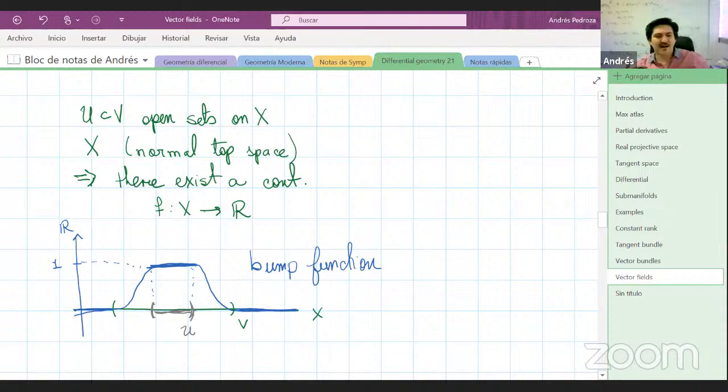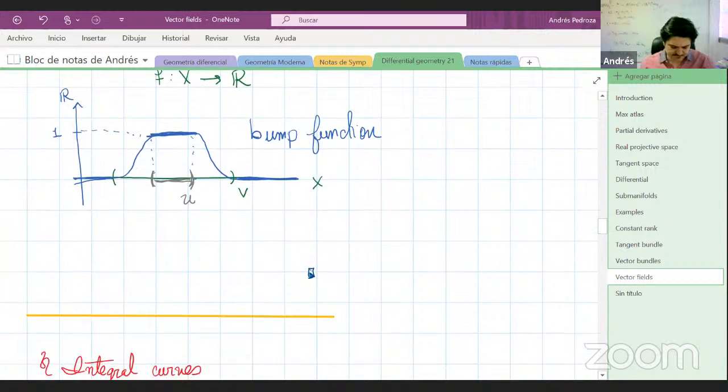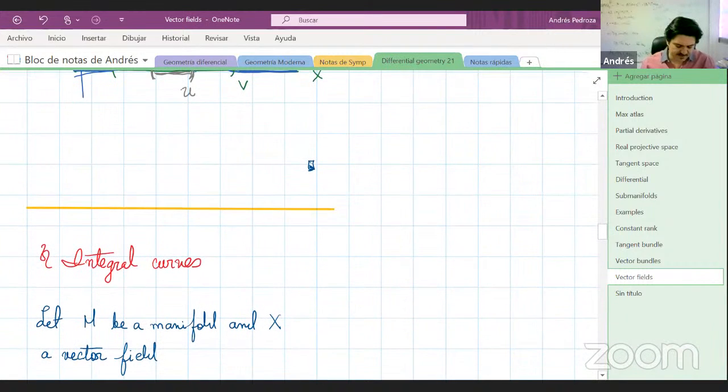Now, this type of functions are very useful and have many applications. I'm going to express one, and that's actually what we're going to do. So what is an application of that is the following.